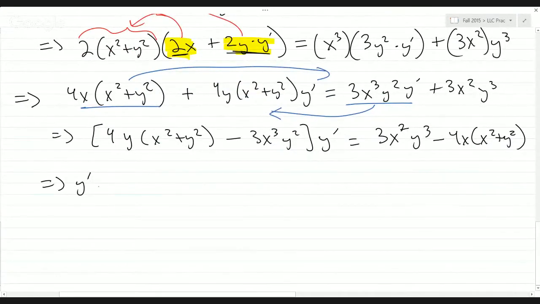Therefore, y prime is equal to, we can take out an x from everything.